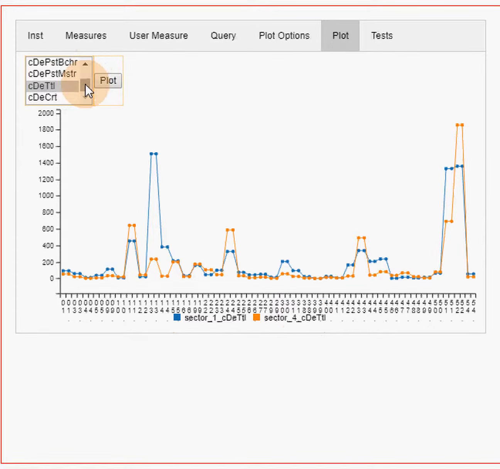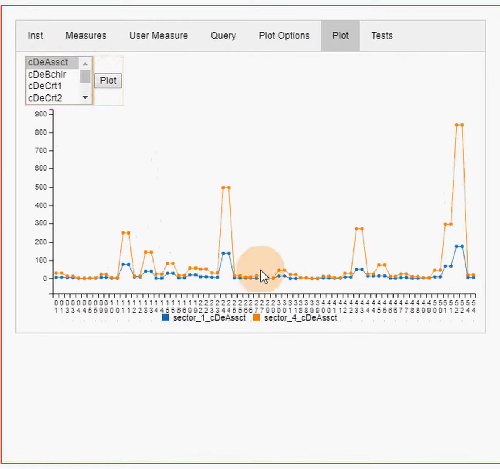And if we look at the associate degree, you'll notice that most of them are coming from the Sector 4, the public 2 years institutions. But there are some coming from the public 4-year degree.